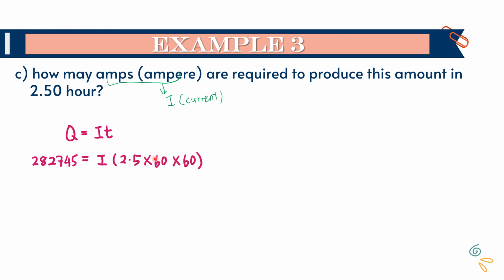So, awak boleh buat separately. If you want to do the calculation for time dekat luar, boleh. Substitute nilai yang betul saja. Atau awak nak buat macam ni pun boleh. So, 2.5 jam darab 60 minit darab 60 saat. Okay, so kita akan dapat current dalam adalah 31.4 and wajib ada unit. Compulsory, the unit is ampere. Okay, so these are the answers.